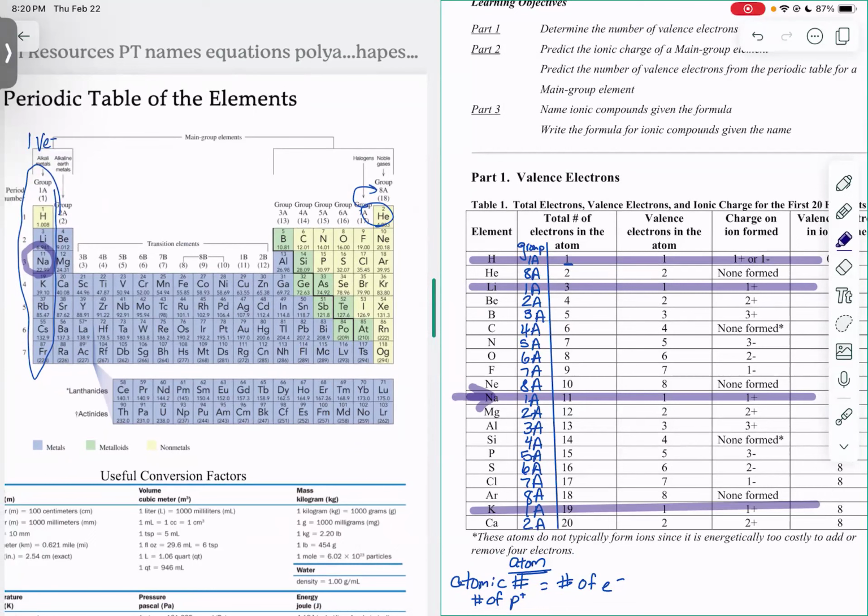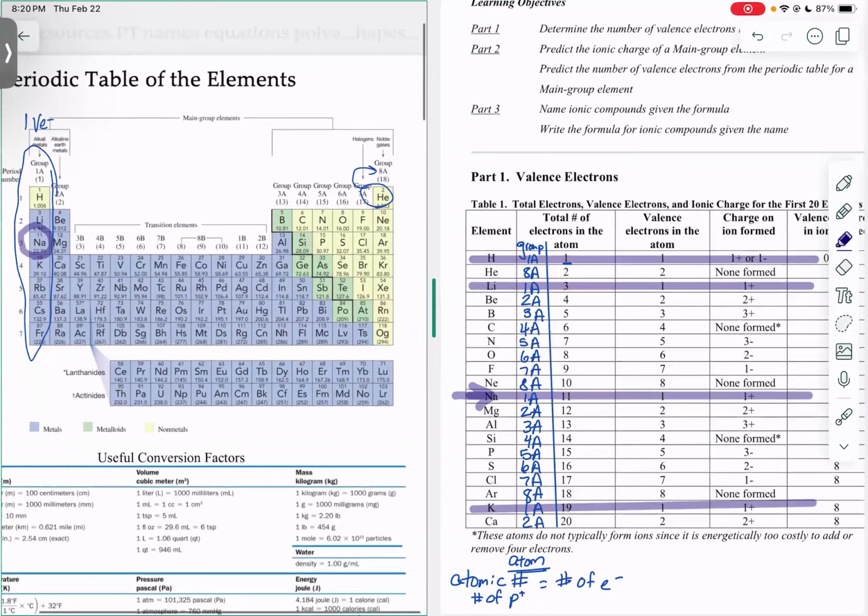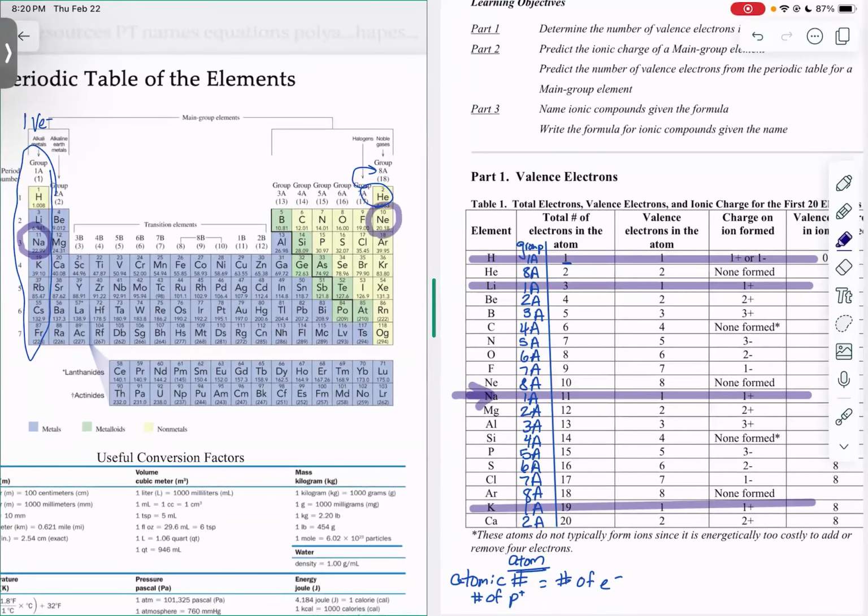If it loses 1, then it drops down a principal energy level, and we find on the periodic table what element has 1 less electron. Sodium has 11, so I go to one that has 10. If it loses 1, it's going to look like neon. So that's one thing it could do: it could lose 1 valence electron, and it would look like neon.